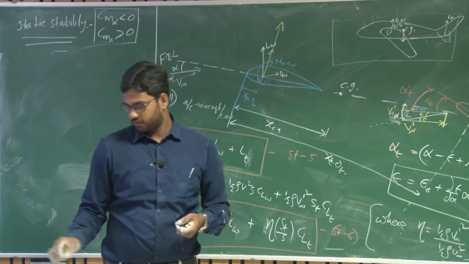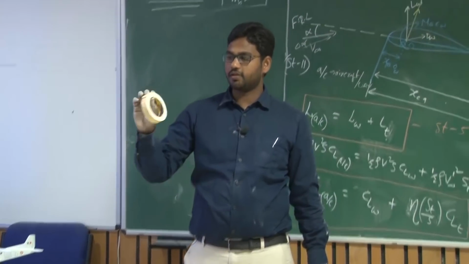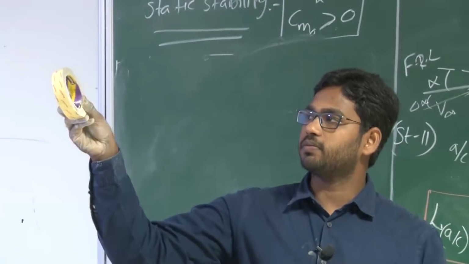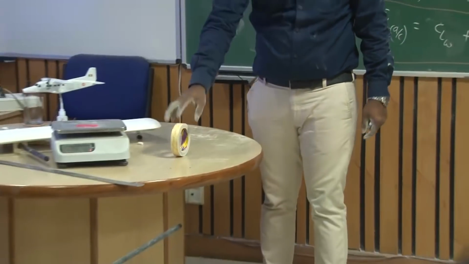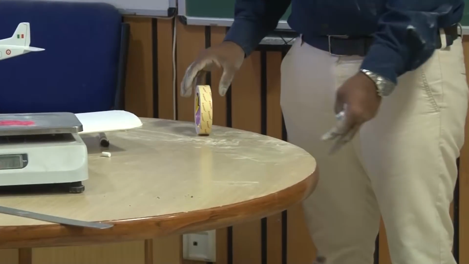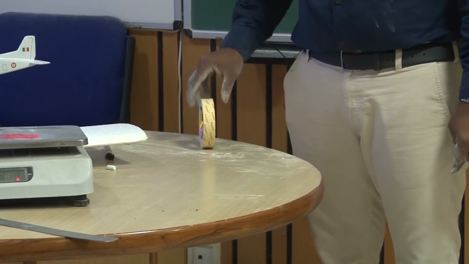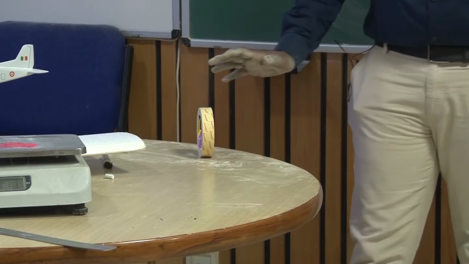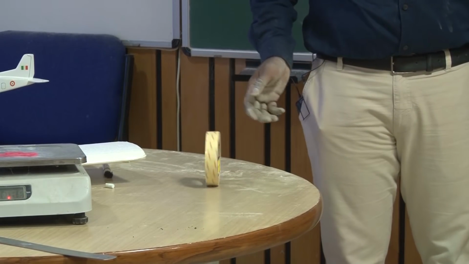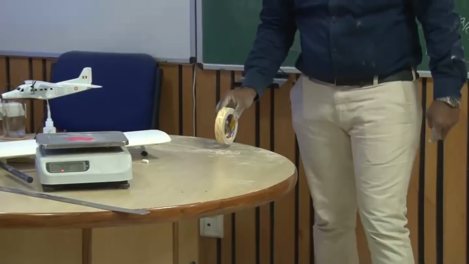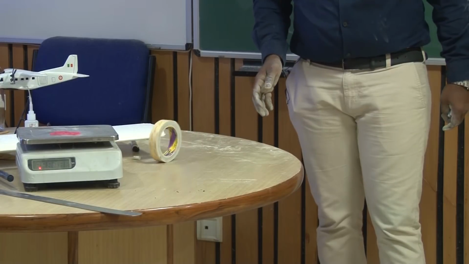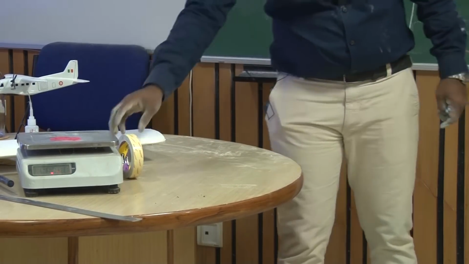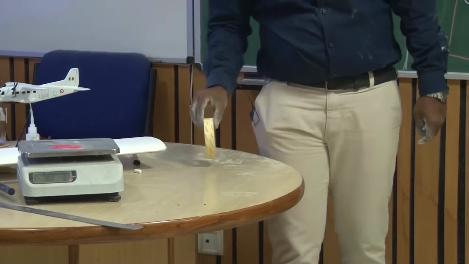For example, if I take this tape, it's a two-sided tape, right. If I take this roll and start throwing it on this table, this is one equilibrium, let us say it is now at rest. Now if I apply a small force, it goes and stops at a different location.